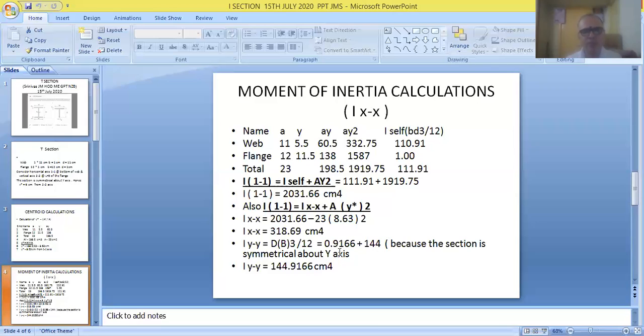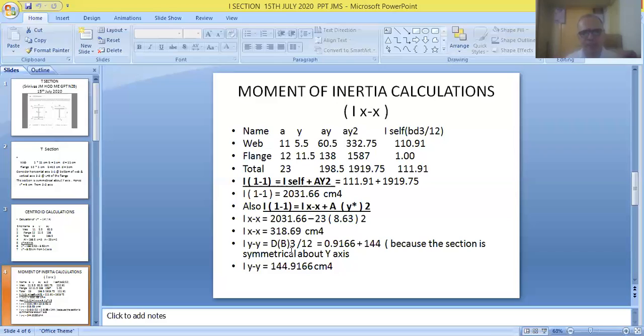It will be coming to 0.9166. Find out the value of db cube by 12 for the second component, that is the flange of the section. It will be coming to 144. And we add these two values, and automatically you will be in a position to measure the value of IYY, and it is obtained as 144.9166 centimeter to the power of 4.